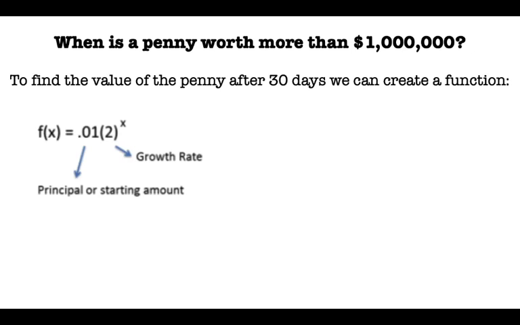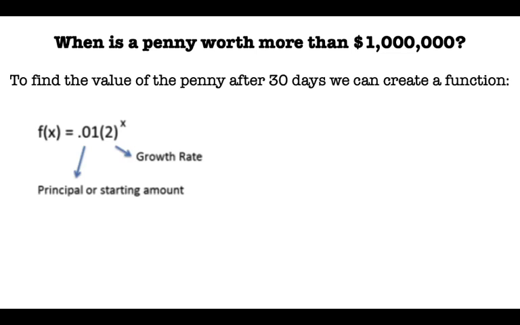How it increases over time, whatever the problem is, goes inside the parentheses. So if it doubles, it'll be a 2. If it triples, it'll be a 3, and so on. The number in front, not inside the parentheses, is the starting amount. In this situation, you're starting with a penny, and as a decimal, a penny is 0.01.